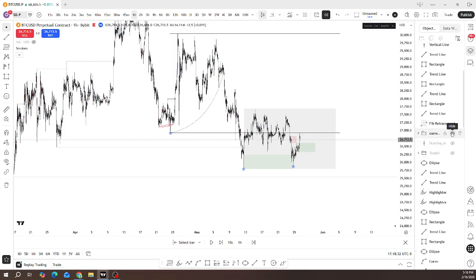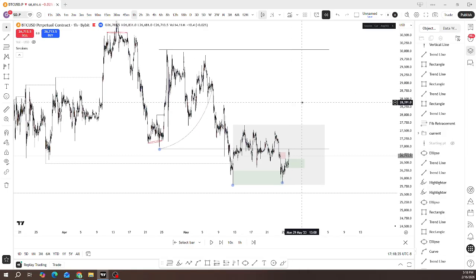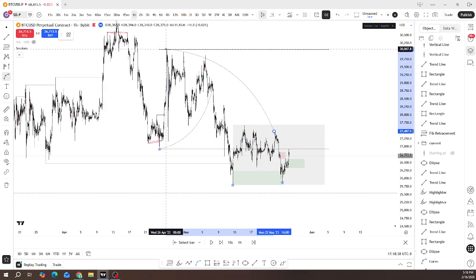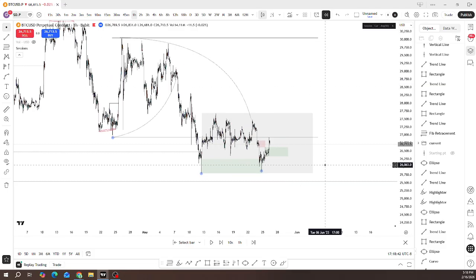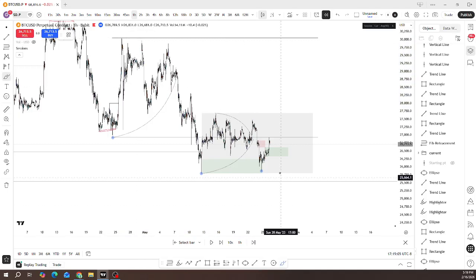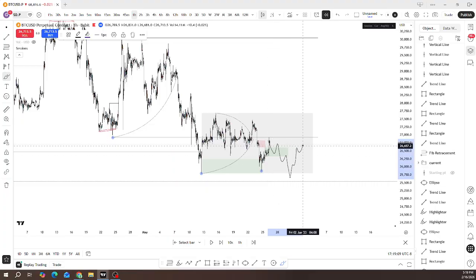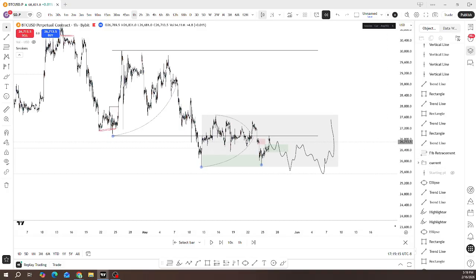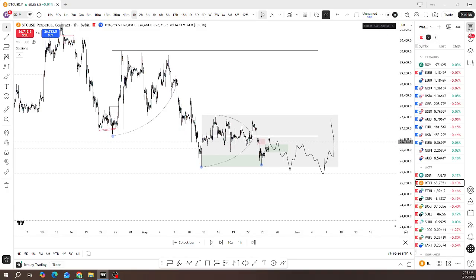So that's how we're going to illustrate it. Okay. Just pre-planning for next time.